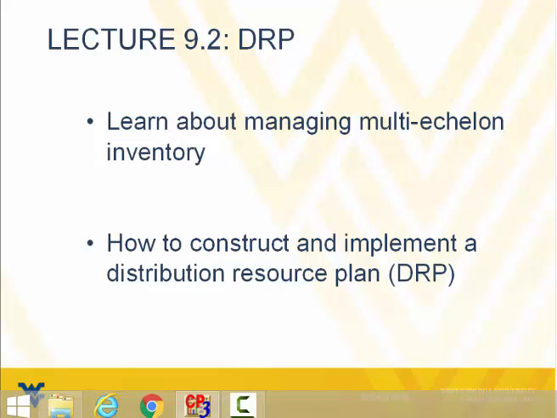So at every echelon of the supply chain, even if you have a single company, you could have a central distribution center, you could have a regional distribution center, and then you could have retailers, your retail firms.